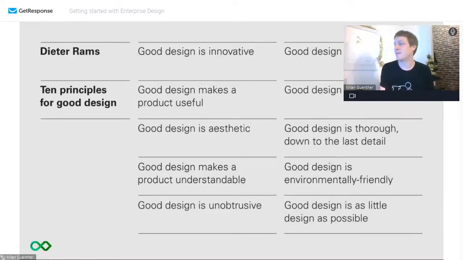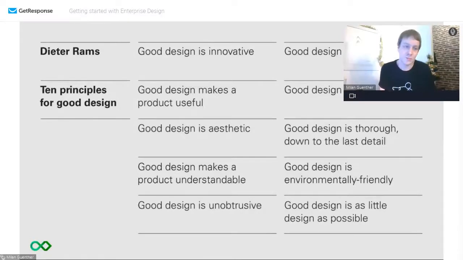So these are 10 principles for good design that Dieter Rams came up with a long time ago. He's an industrial designer, so making basically physical products. And he came up with these 10 principles, saying good design is the following.